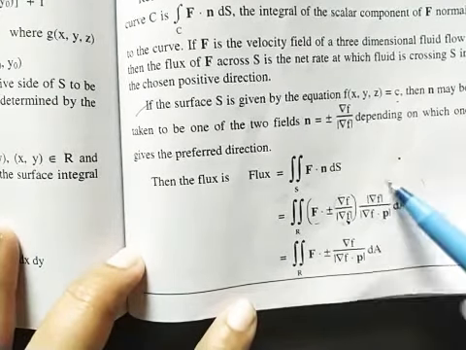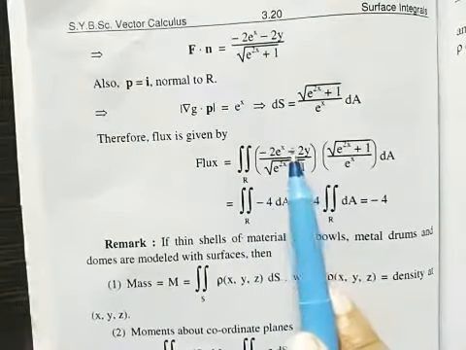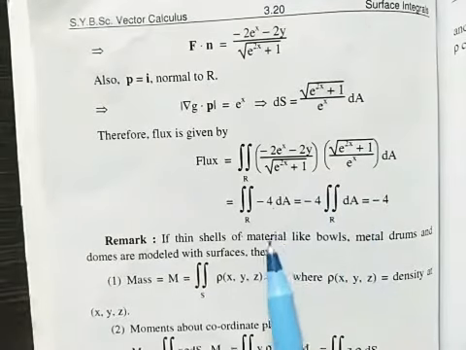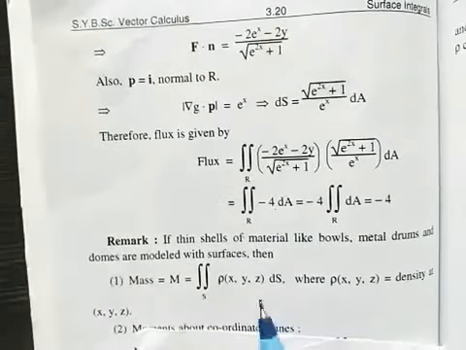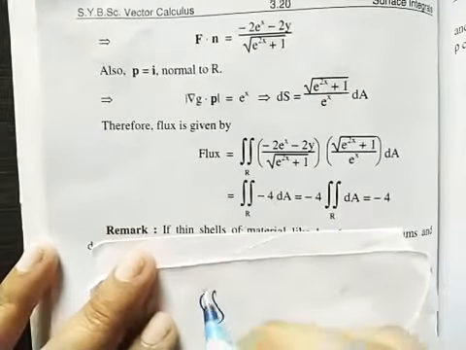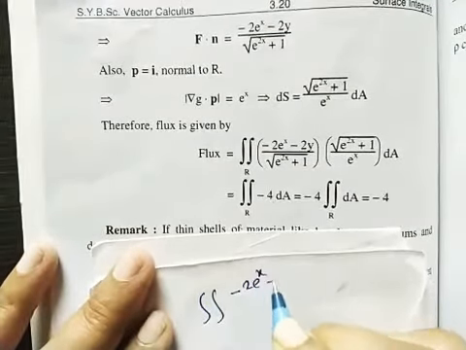Flux is equal to the double integral of F dot n, the value we calculated, times dS, which is mod of del g upon mod of del g dot p into dA. Here we simplify it. The square root gets cancelled. So what remains is the double integral of minus 2 e raised to x minus 2y upon e raised to x dA.